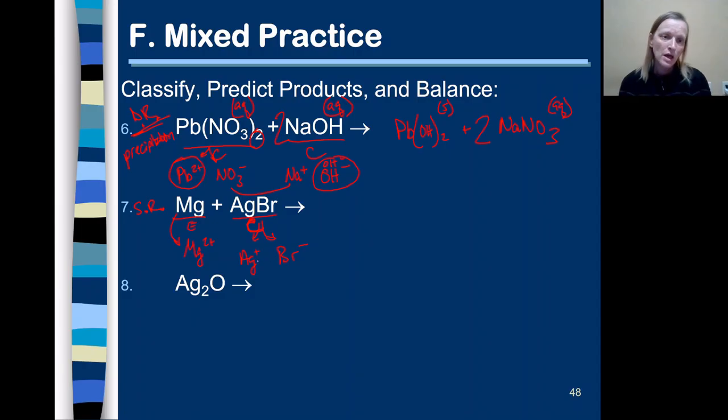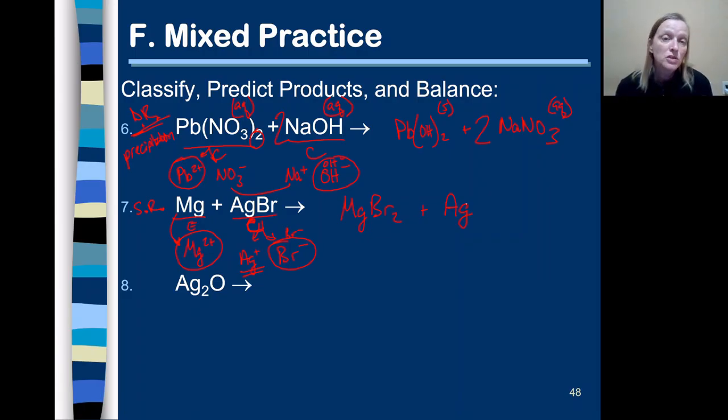So at this point, I'm looking to see who magnesium would be attracted to here. Magnesium would be attracted to the bromine because opposite charges attract. But I would need 2 bromide ions to balance out the 1 magnesium. So my formula here would be MgBr2. And silver is left alone, so silver is going to be the element at the end of the reaction.